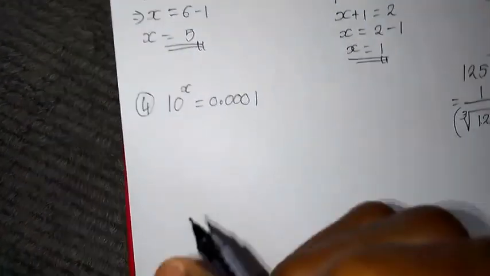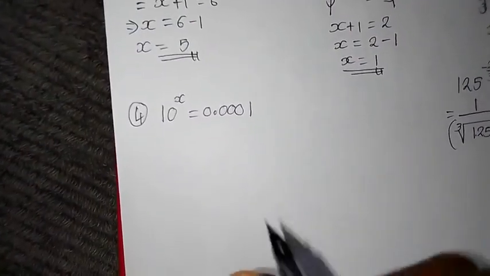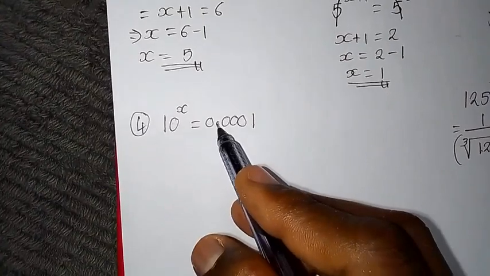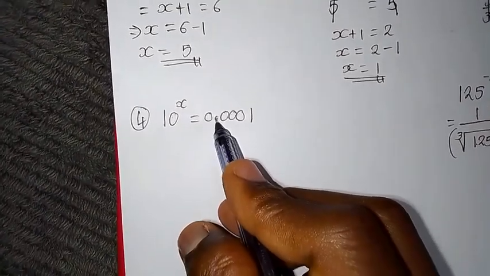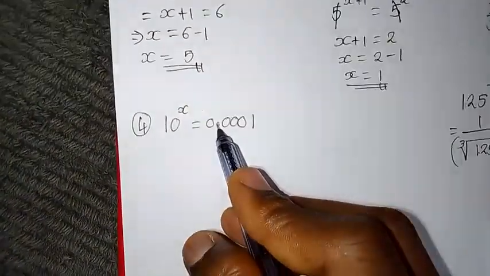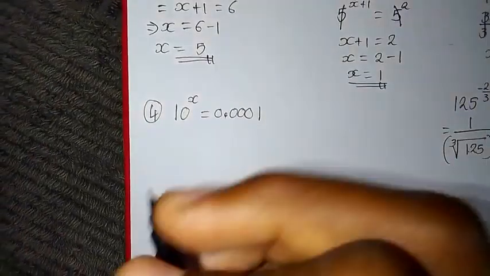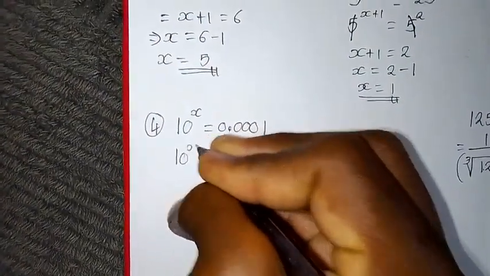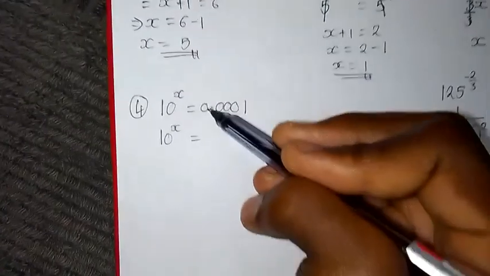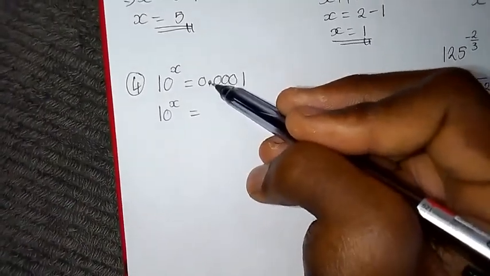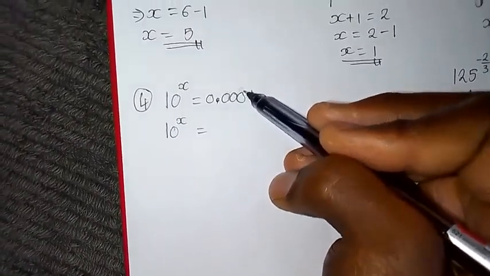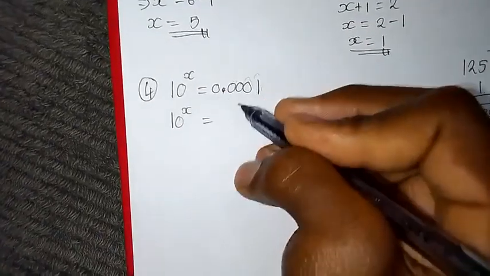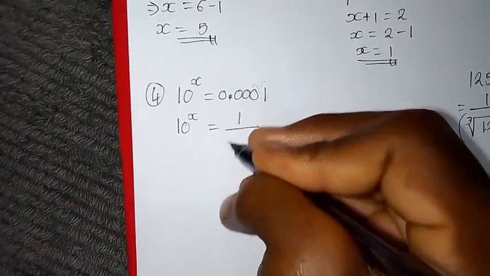So for this question here, let's first take this number on the right into a fraction. So it's going to be 10^x is equal to, so we're going to count the decimal places, which is 1, 2, 3, 4. So this is the same as 1 over 10,000.